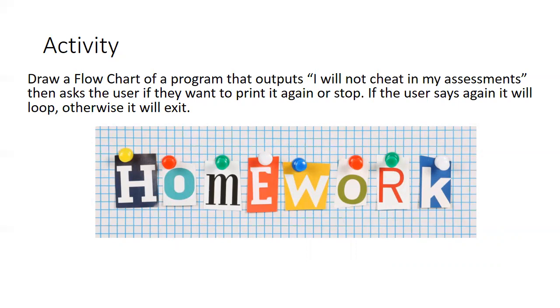We would start. There's no input from the user to start with. There's just an output of print. I will not, whatever the bad thing was that we will not do, I will not. We're going to print that. And then we're going to get a response from the user, so this is going to be an input.